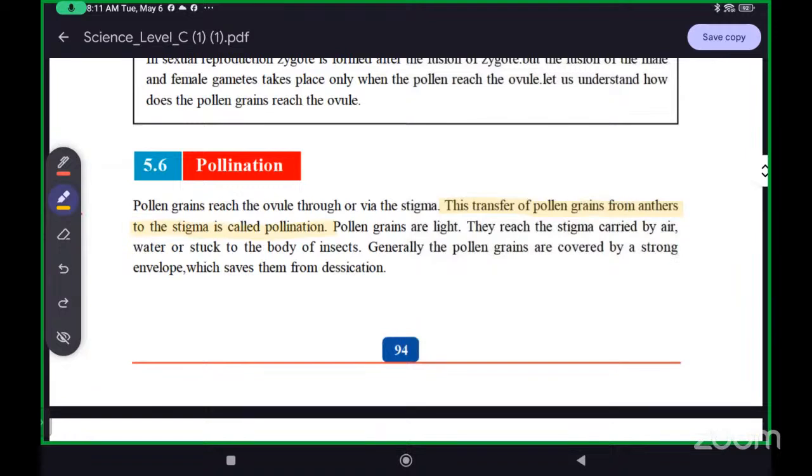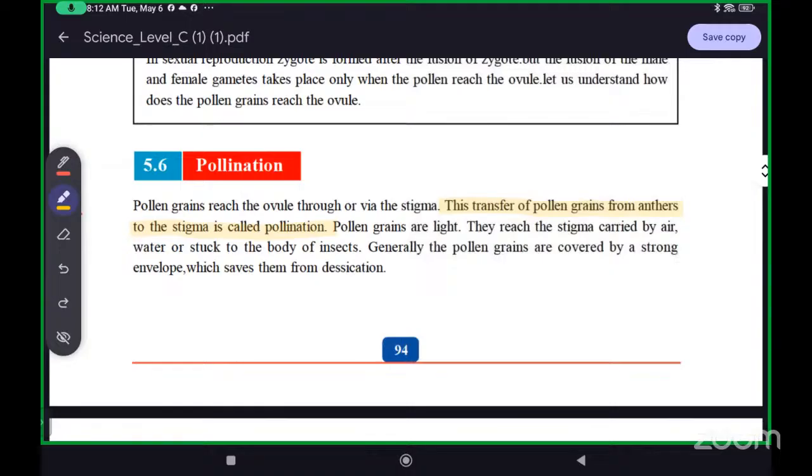See, they can be transferred by air since pollen grains are very light in weight. They can be carried away by air, or by water, or by insects, like bees. When bees sit on one flower, its pollen sticks on their legs and body.